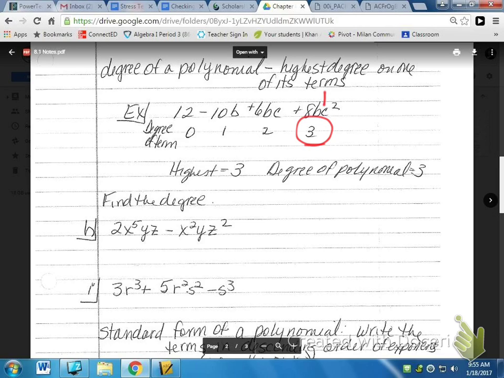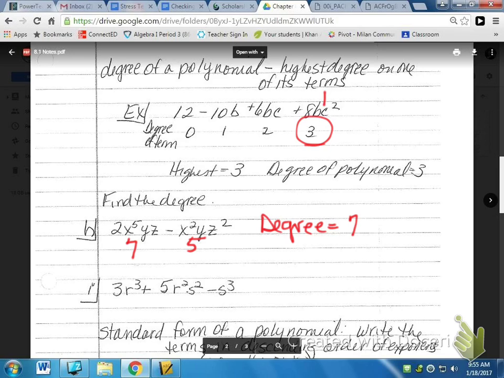So you look at its first term, 2x to the 5th yz. What's the degree of just that one term? 7. And then x squared yz squared, what's the degree of that term? 5. So the highest of the two would be the degree of this polynomial, so you would say degree equals 7.